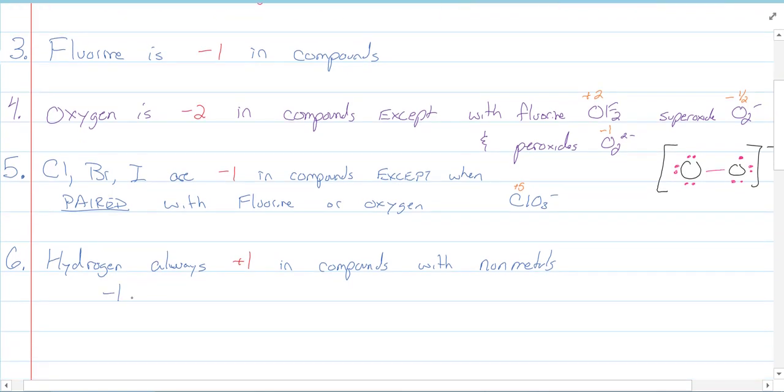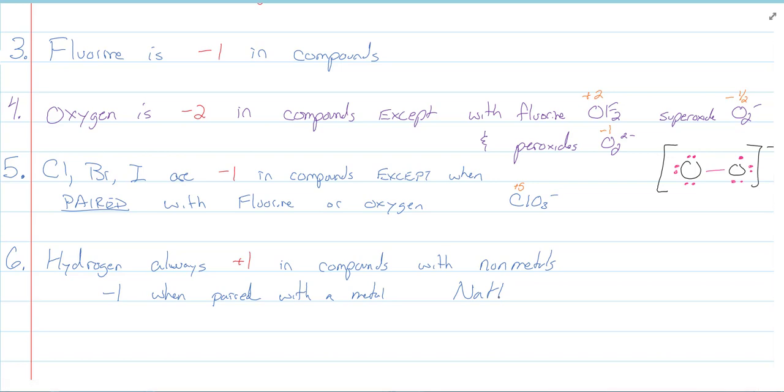However, it can be -1 when paired with a metal, such as NaH, sodium hydride. There, Na is +1, H is -1.